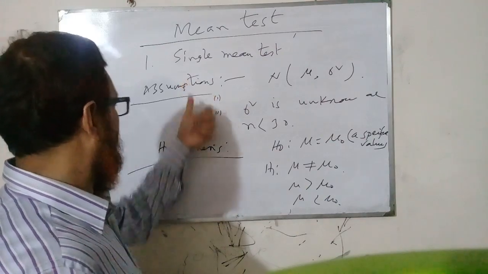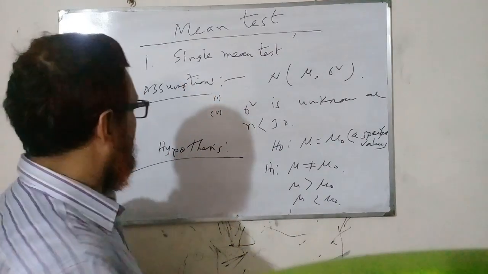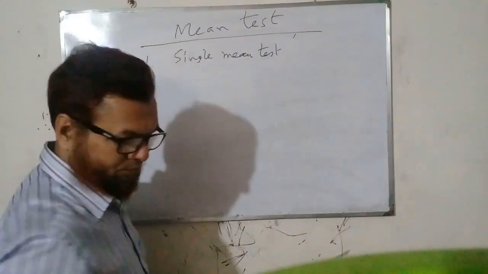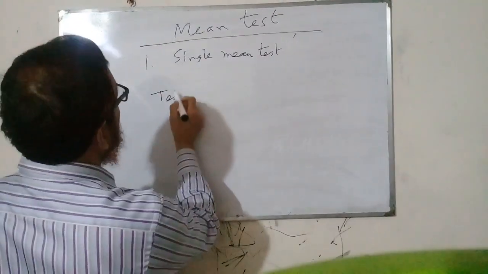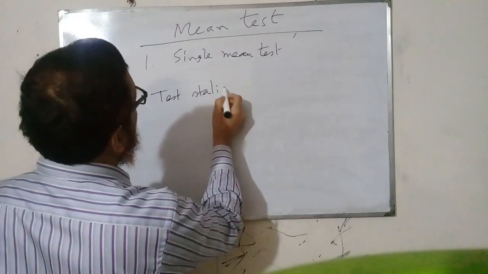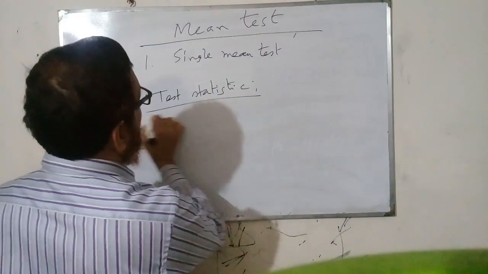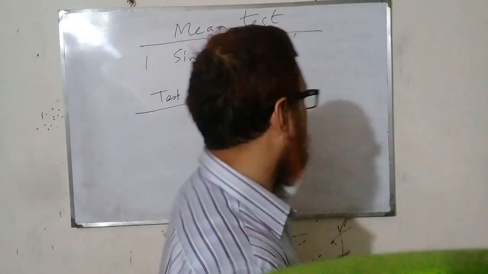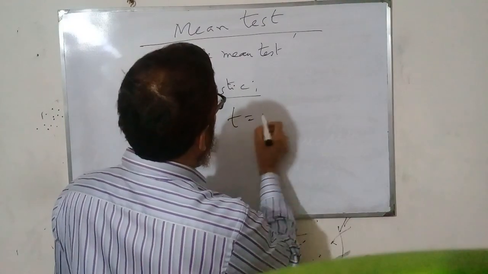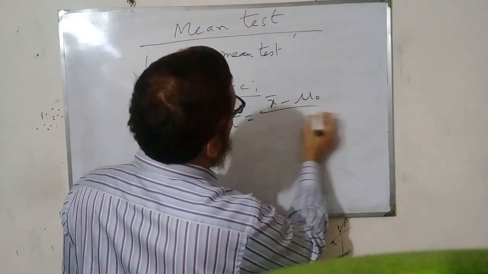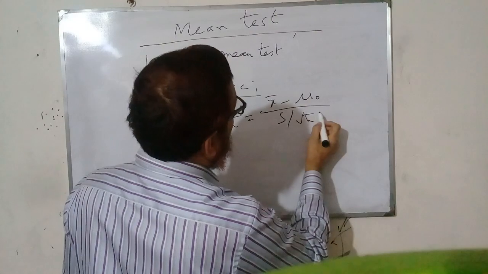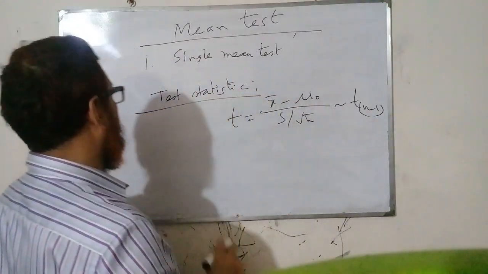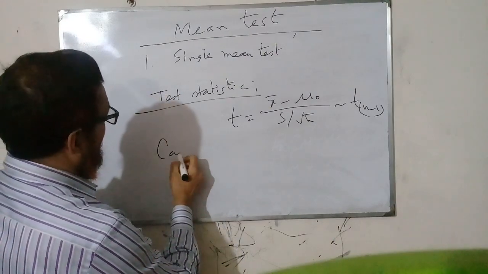At first assumption, then hypothesis, then test statistic. If the sample size is small and variance unknown, then we can use the t-test here: x bar minus mu 0 divided by s over root n follows t with n minus 1 degrees of freedom. Then comment.